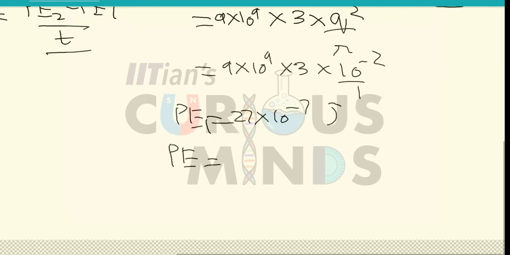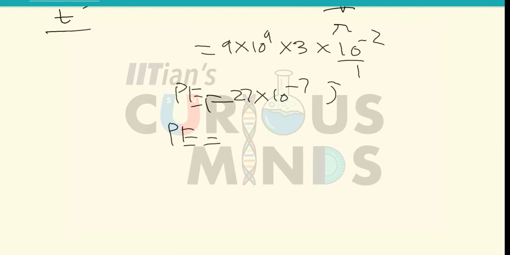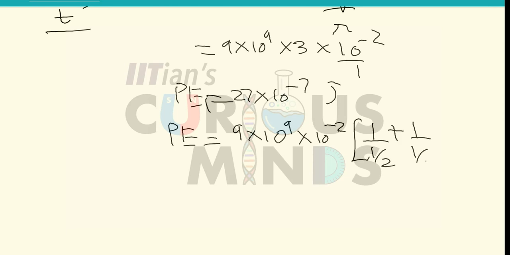So it will be 1 by 4 pi epsilon naught, which is 9 into 10 to 9, into Q1 Q2, which is 10 to minus 2. Q1 Q2 can be taken as common, into 1 divided by 1 by half, plus 1 divided by 1 by half, plus 1, because the third distance over here is equal to 1.